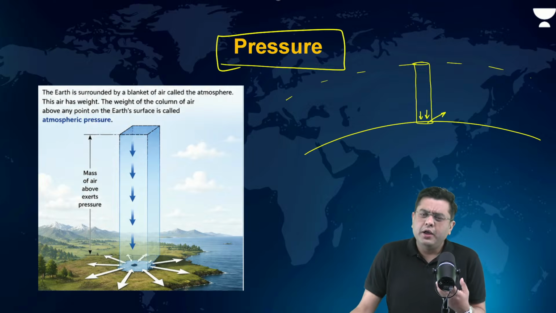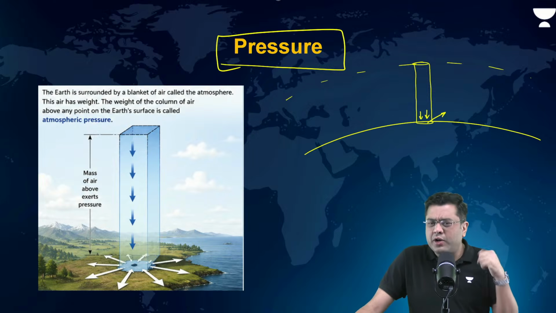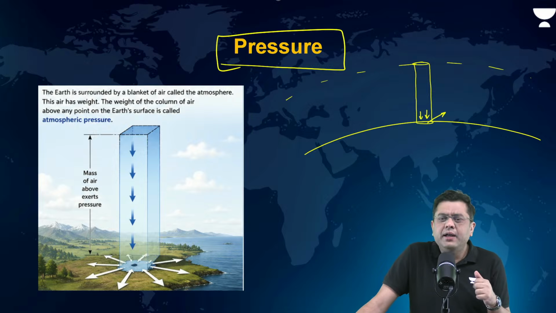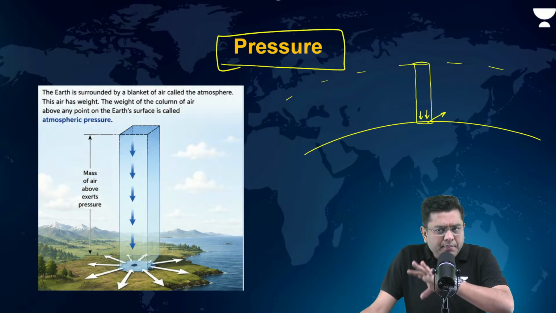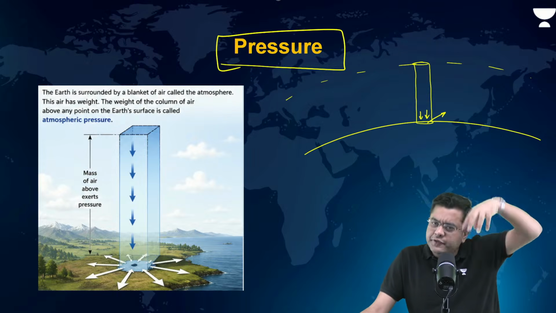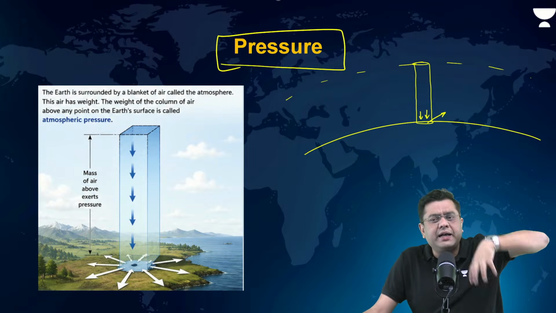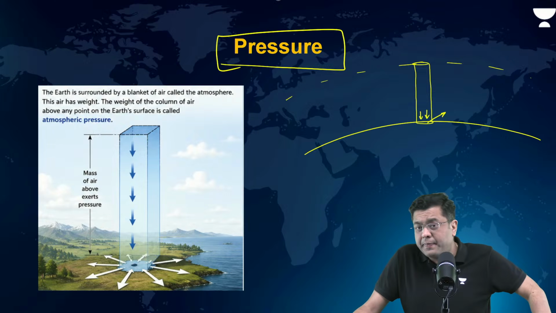Pressure is force experienced per unit area. In class 8th or 9th physics, you would have studied it, learnt it, but never understood what it means. I hope now we are able to imagine this. The total force imposed by the air column on the ground surface is what we refer to as atmospheric pressure. Fair enough?